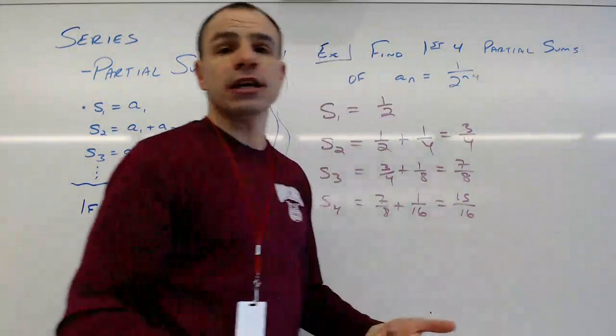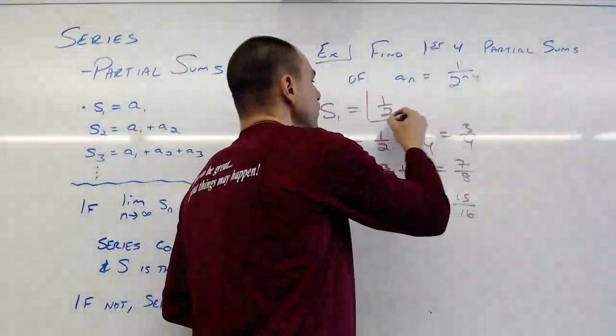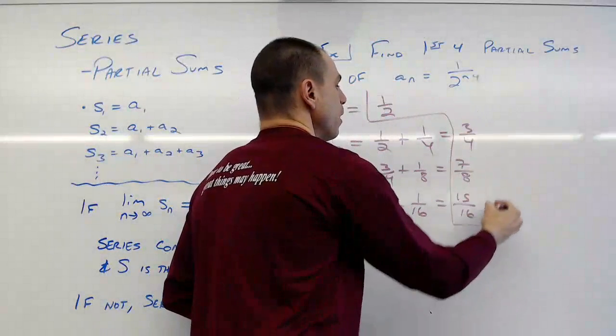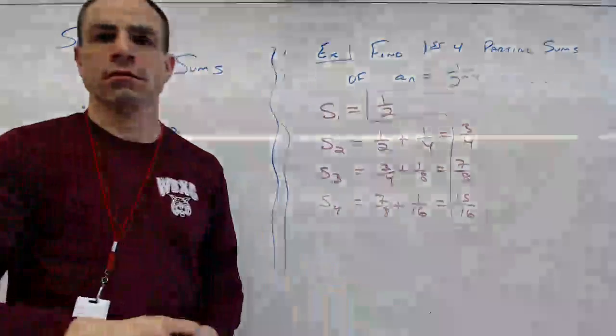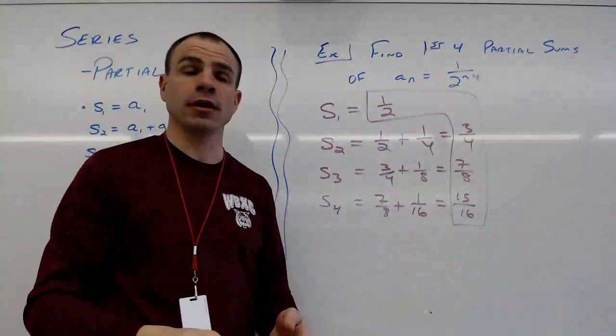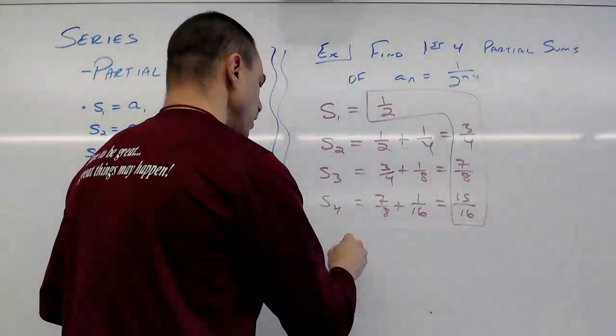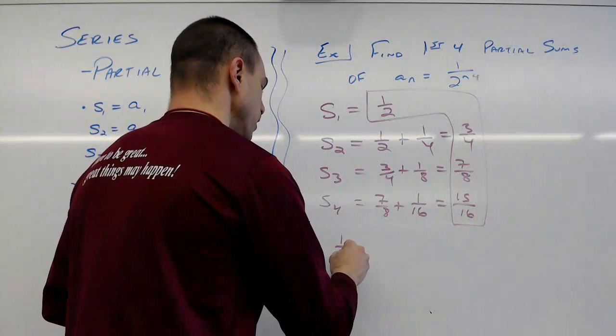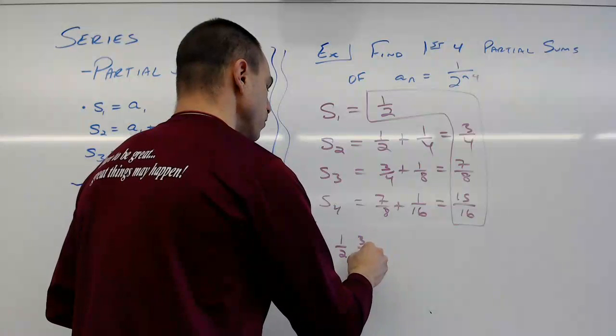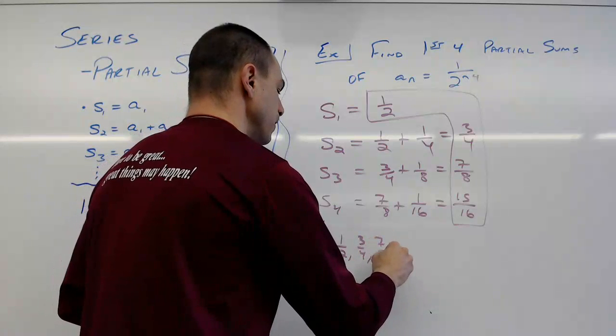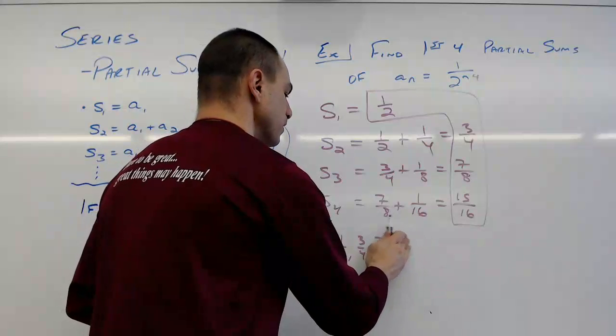We can keep going, but basically we're interested in a new sequence of these partial sums. Our new sequence is 1/2, then 3/4, then 7/8, and then 15/16.